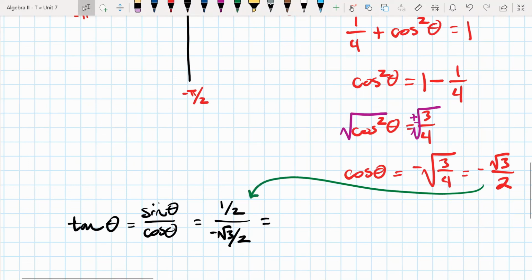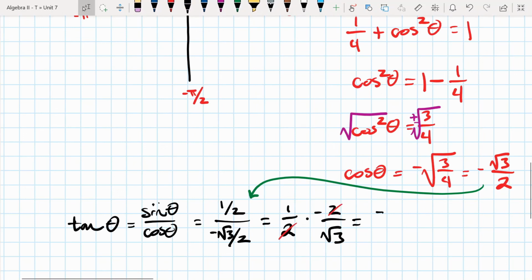Similar to the question we saw at the beginning of class, when I have a fraction divided by another fraction, I can take that first fraction and multiply it by the reciprocal of the denominator. Okay? So it actually doesn't matter if the negative goes up here or down here. So let's multiply across. The 2's will cancel.